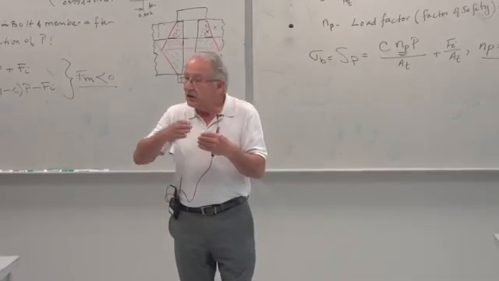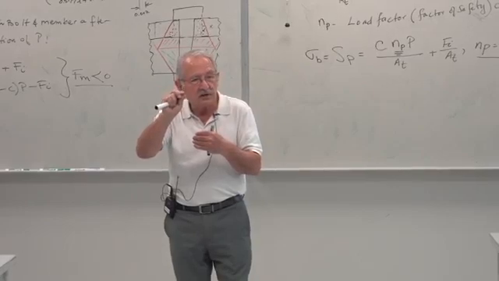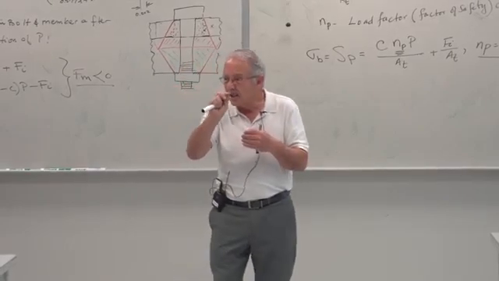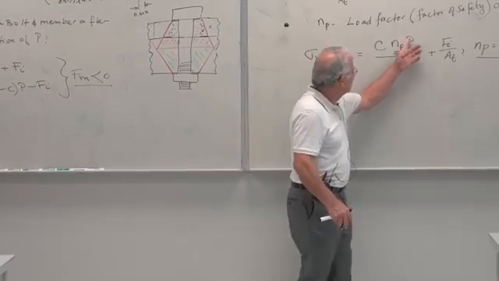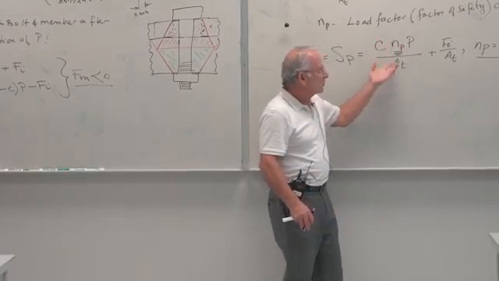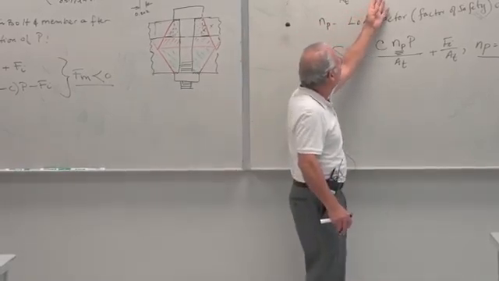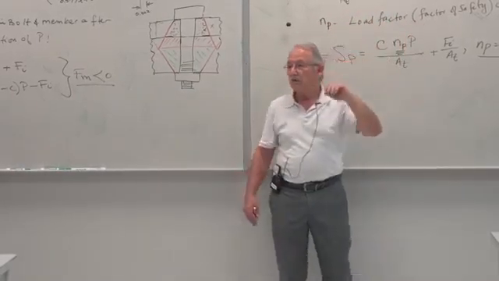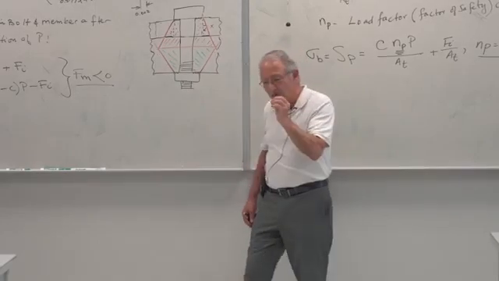But if we take this all the way just before the proof strength, the stress is just a little bit less than the proof strength, then as soon as you add this to it, with whatever factors of safety you have, it's going to go over the proof strength. So you can't load it up right to the proof strength.